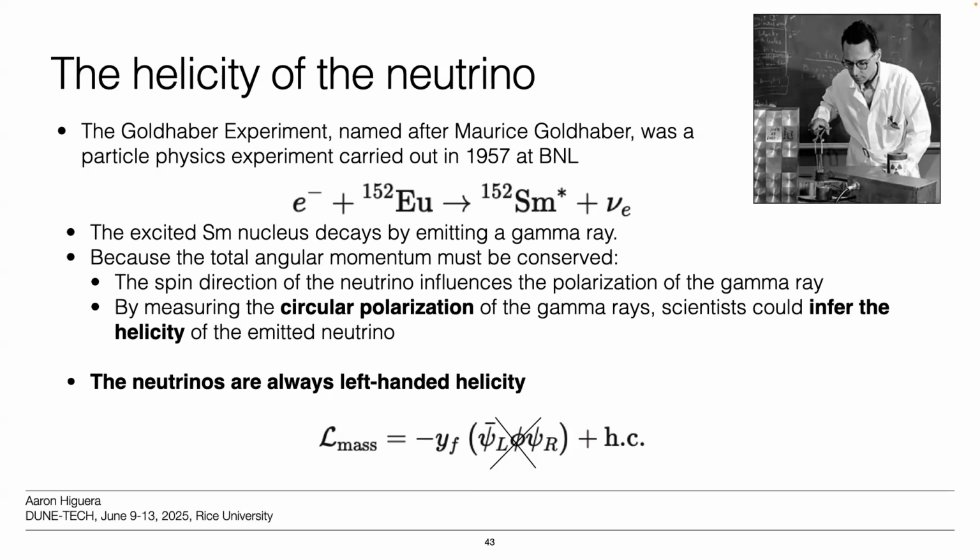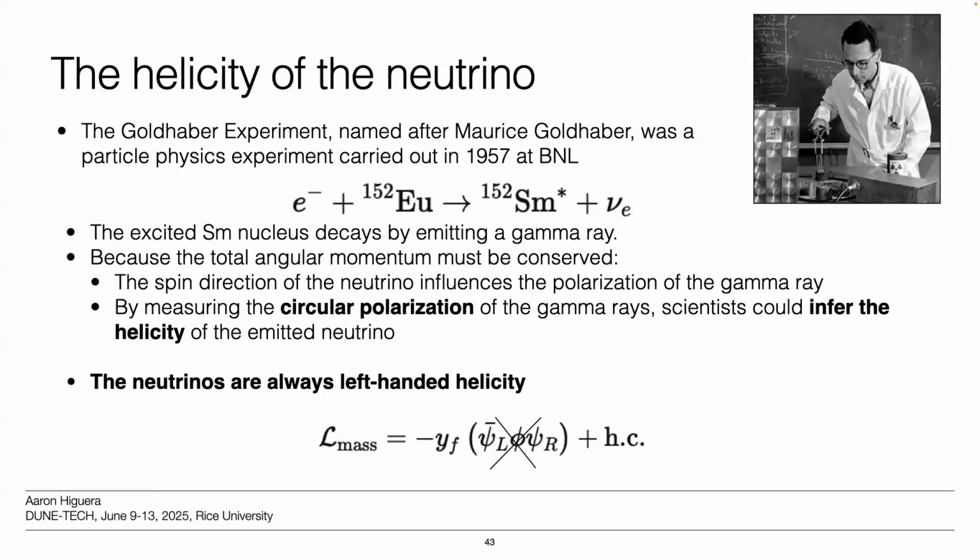You go into a lower energy state, but it will produce a gamma. And if you measure the polarization and the momentum of this gamma, you can correlate, because of energy conservation again, you can infer what will be the helicity of the neutrino.